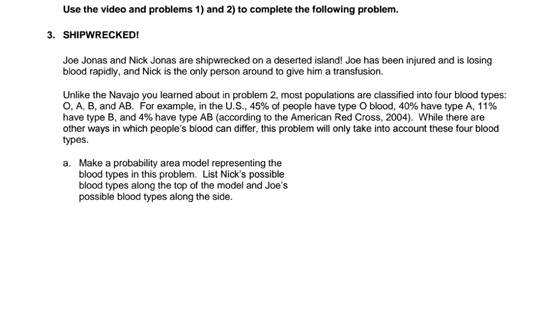One's going to be Joe and the other one's going to be Nick, those poor Jonas brothers. And then you're going to have more than 2 blood types this time. You're going to have 4 blood types, O, A, B, and AB along the left side, and then the same thing across the top, O, A, B, AB. So you're going to have a lot of multiplying into the box to do. So good luck. I will see you on Monday.